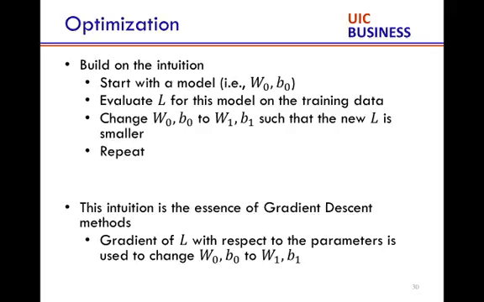So in a nutshell, the gradient of this L score with respect to the parameters is used to change from the current candidate W0 B0 to the new candidate W1 B1. And typically W1 B1 hopefully has a lesser score. The L number is reducing. L is like a loss, so we have to reduce our losses incurred. So we want to ensure that we move to W1 B1 such that L is smaller.